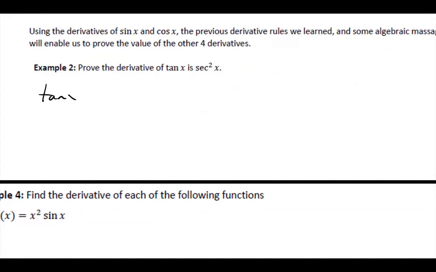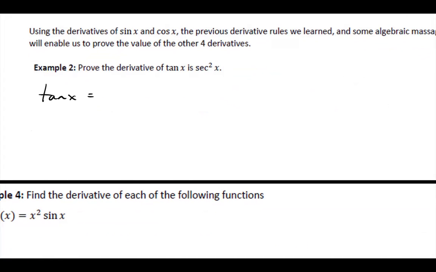Tangent of x. If I was to find tangent on a triangle or on the unit circle, how would I do that? What would I have to do? Exactly, y over x, right?